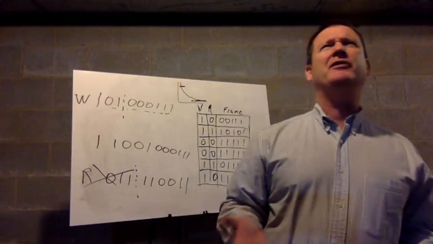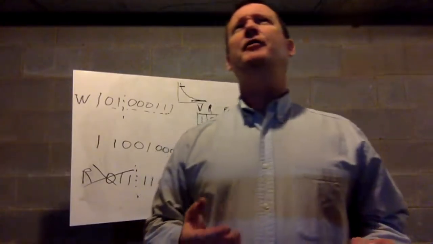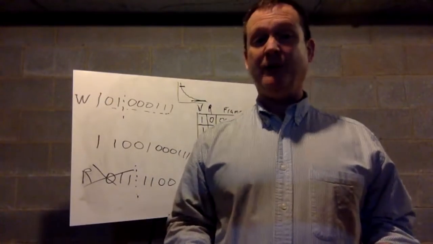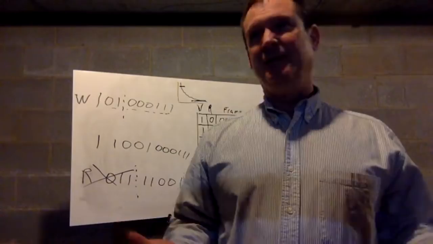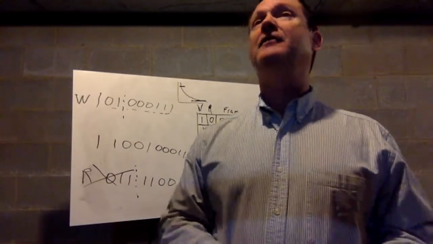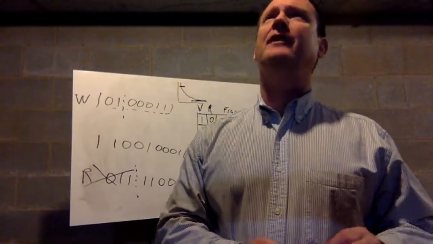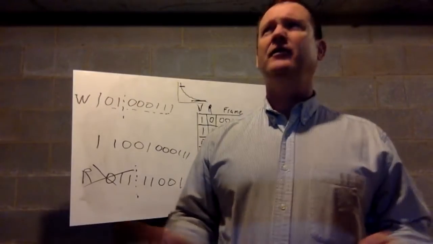I'm trying to pick the right way to say this. Often you hear people say, if you exhibit good locality of reference, or if your program is written taking locality of reference into consideration, it's going to run more efficiently.